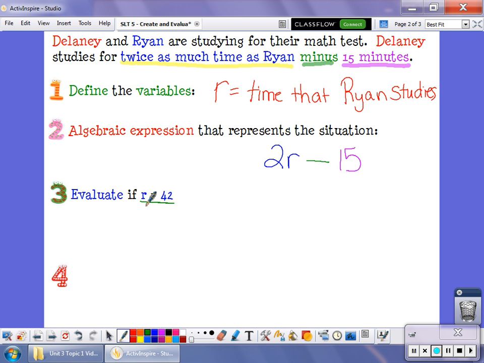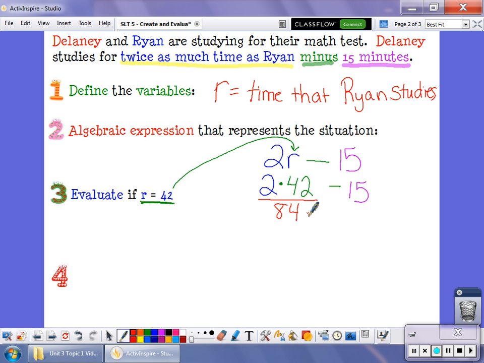Now once I have my algebraic expression, I can use that expression to solve my problem. Right here it tells me that r equals 42. Remember, r is the time that Ryan studies, so I know Ryan studied for 42 minutes. So I can plug that in here and do twice as long as Ryan. So that's going to be 2 times the 42 minutes that Ryan studied, and then I have my minus 15. So order of operations, multiplication comes first.